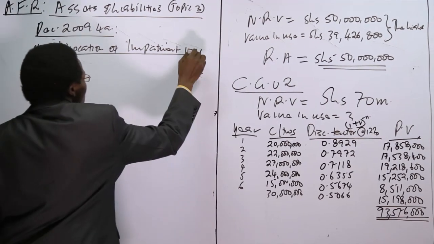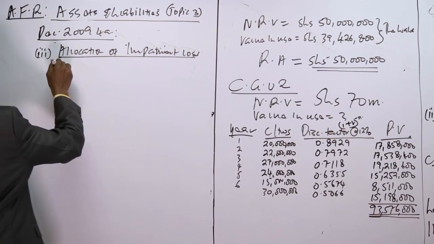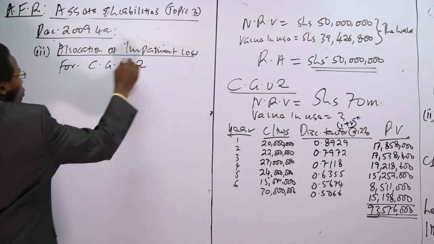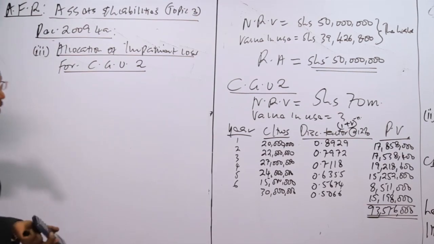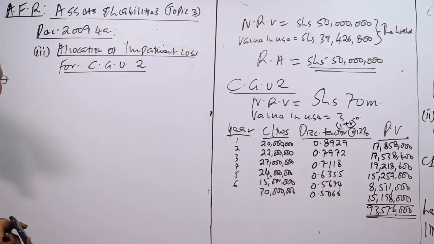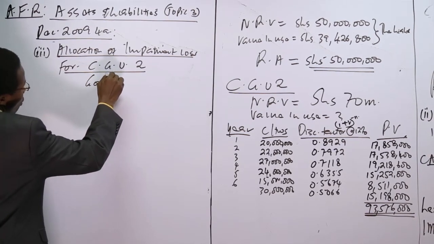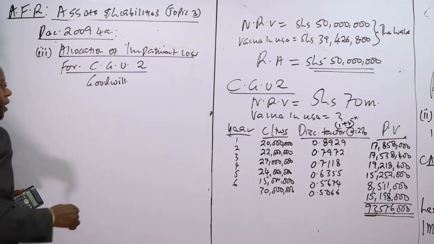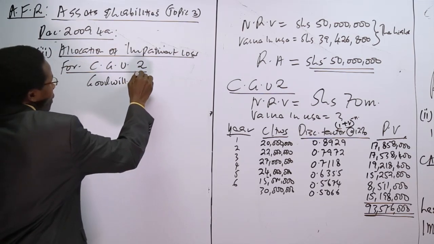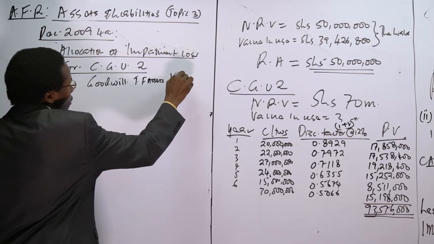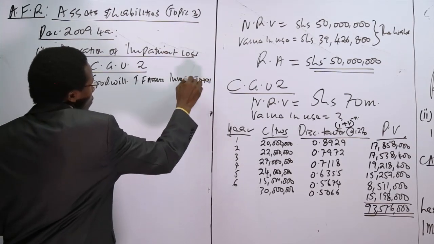It will only be for cash generating unit 2 only, because that's the one that had an impairment loss. So how do we go about it? We recognize the goodwill because we must write off goodwill in full, then tangible fixed assets, then inventories, then total.